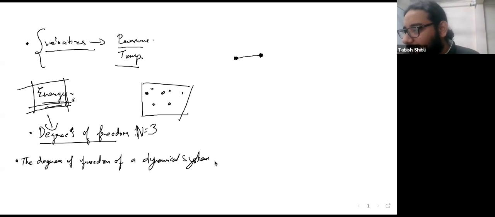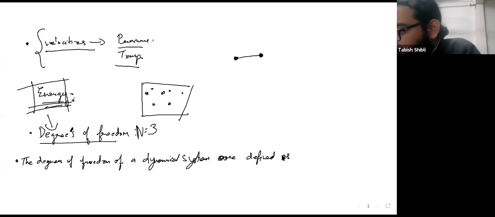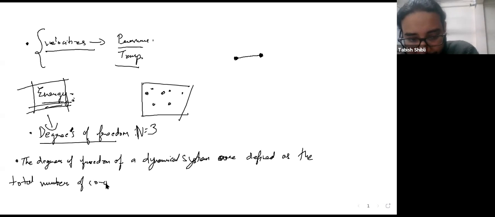The degrees of freedom of a dynamical system are defined as the total number of coordinates.